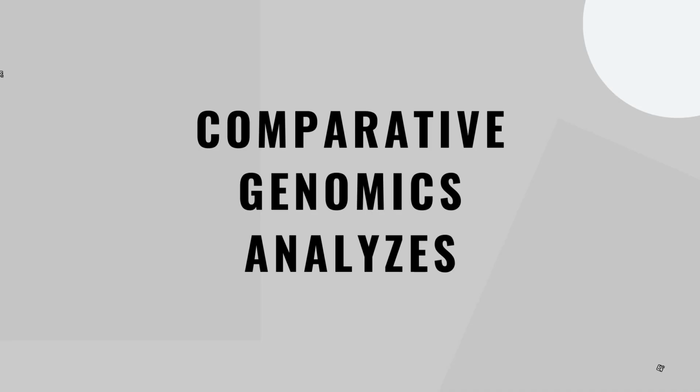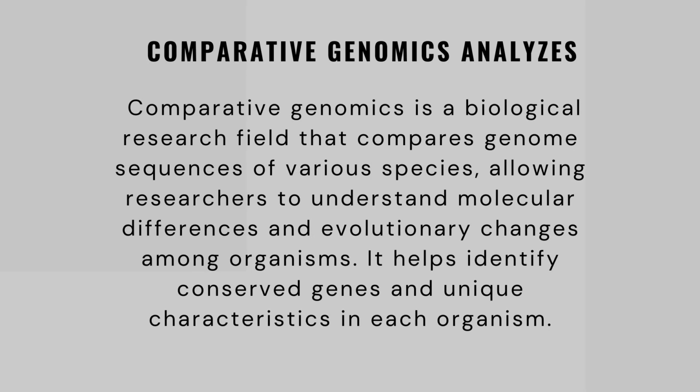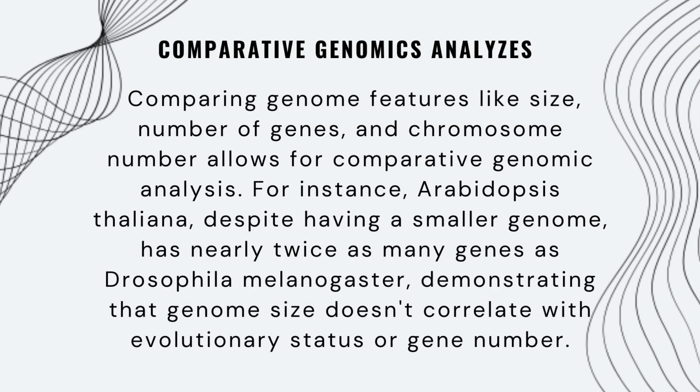Comparative genomic analysis. Comparative genomics is a biological research field that compares the genome sequences of various species, allowing researchers to understand molecular differences and evolutionary change among organisms. It helps identify conserved genes and unique characteristics in each organism. How are genomes compared?